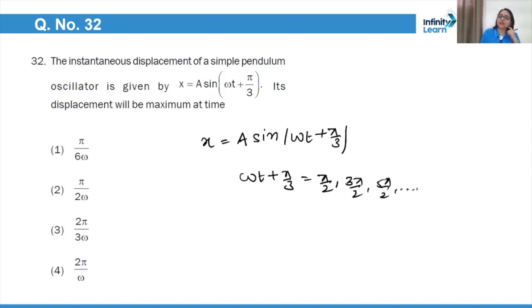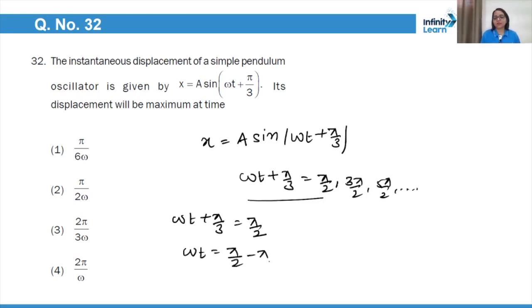Let's take the standard value, omega t plus pi by 3 equals pi by 2. So omega t equals pi by 2 minus pi by 3, that is pi by 6. So t will be pi upon 6 omega, which is option 1.